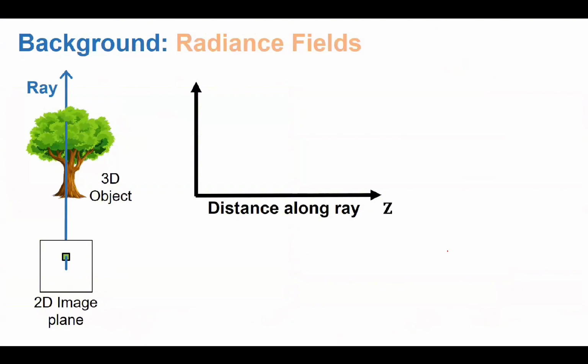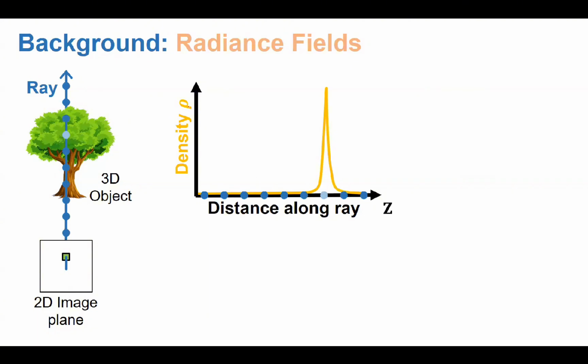And the basic idea here is that if there's some 3D object and a 2D image that's viewing it, basically, if we look at samples in the 3D space along this ray, and we plot them here along this z-axis along the ray, we can look at two factors for each sample along the way.